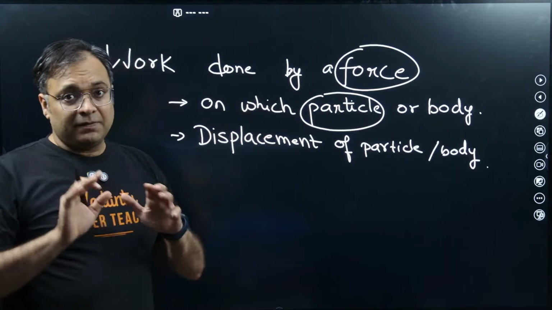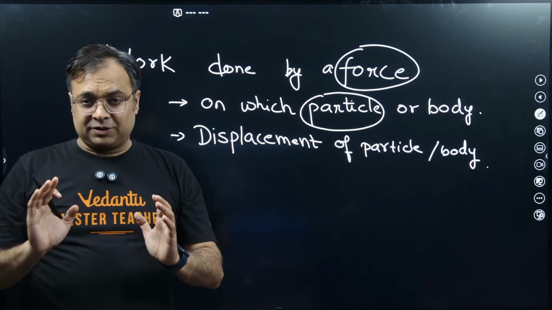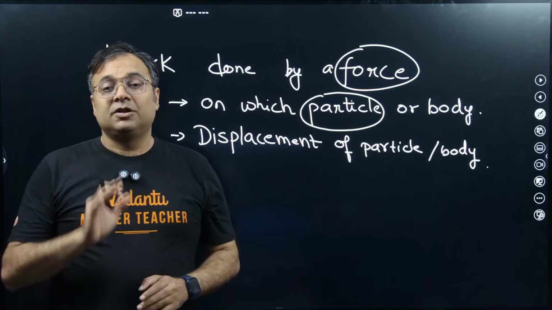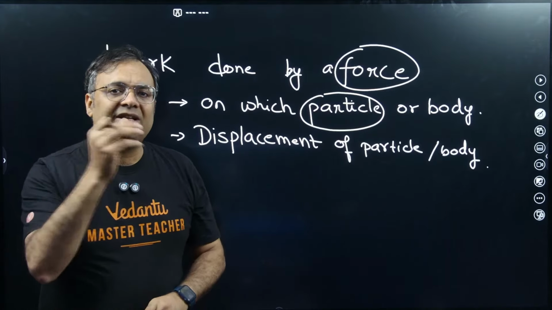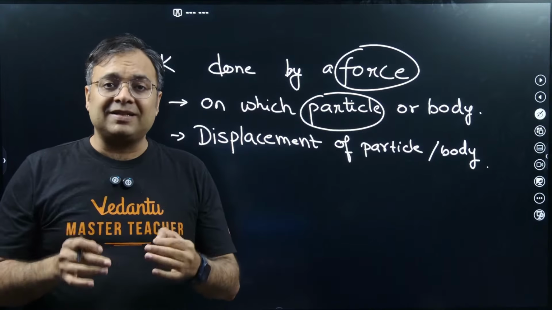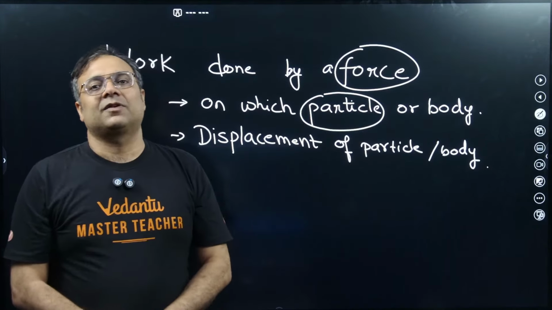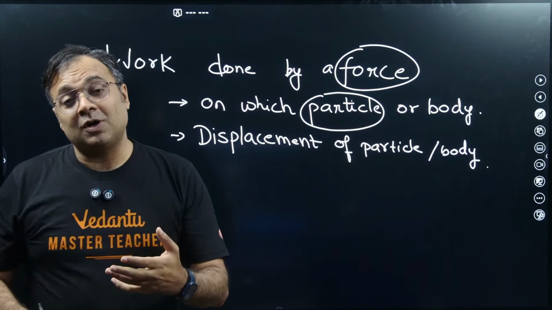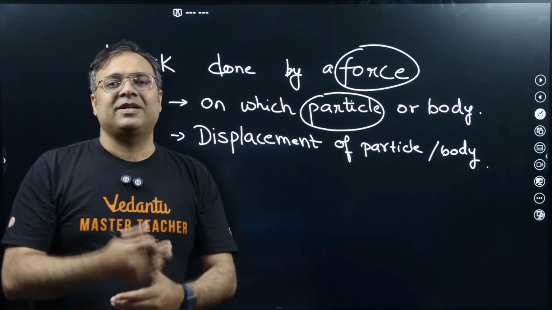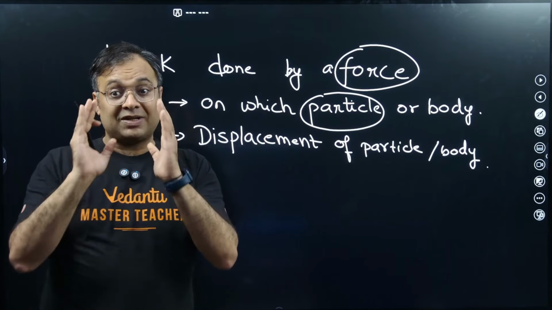If you are able to get these three points in your mind clearly, then you will find that it is very easy for you to get the answer of any question to find the work done. And there's also very less probability of making mistakes in such scenarios because you are clear.